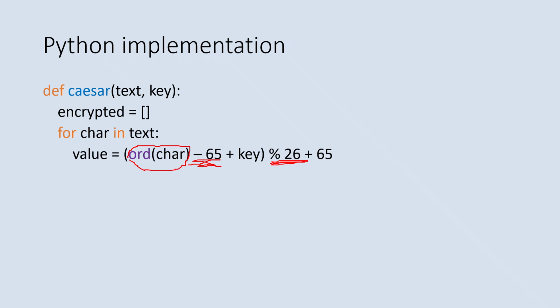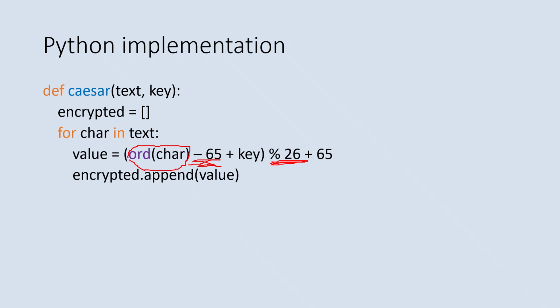So we shifted it over so that our numbers are between 0 and 25, add the key, do the work there, and then shift it back at the end so that we have an actual character that's another capital letter in place. And then we're just going to append that value to our list that we've called encrypted. So we take that value and we throw it into the list. Go to the next character. Do the same thing. Next character, and next character.